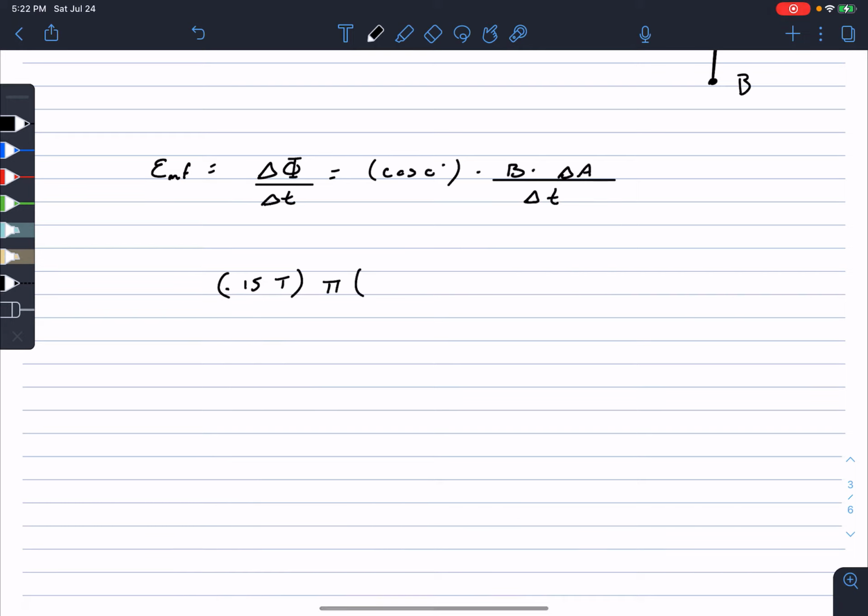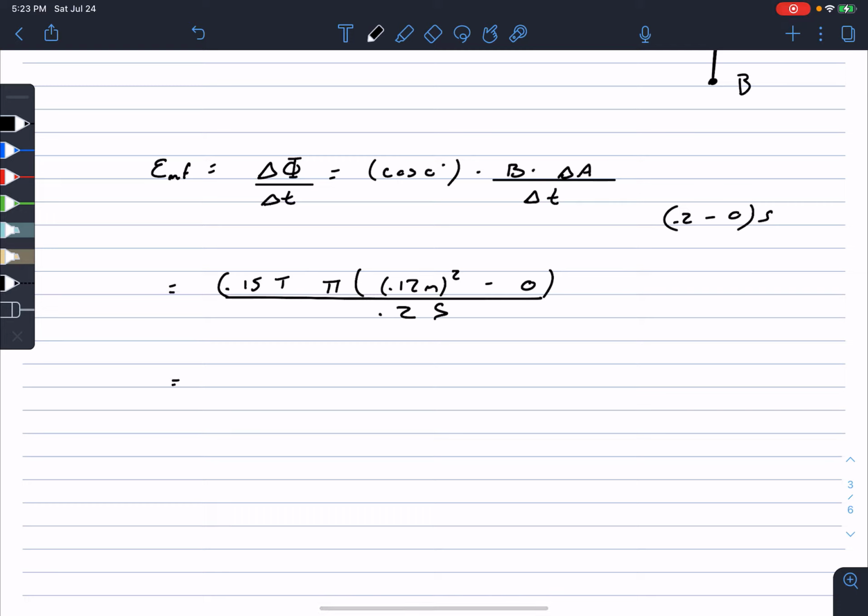But r squared in this case is going to be 0.12 meters squared, minus 0, because the area inside the coil effectively becomes 0 once it's squished, all over a period of 0.2 seconds. Because delta t is 0.2 minus 0 seconds.